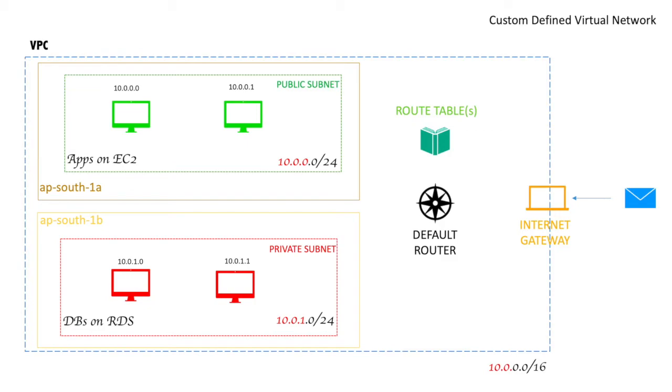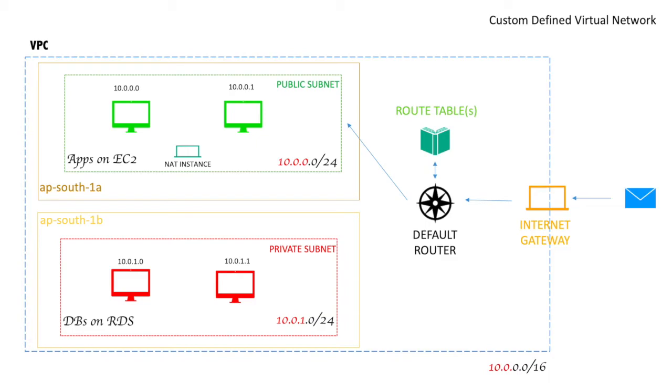No one would know about the private address. That is why network address translation needs to be done, which is carried out by internet gateway. So internet gateway reaches out to the default router. Router checks the route table, whether it has an entry to reach some subnetwork or not. Then accordingly it reaches out to a subnet.